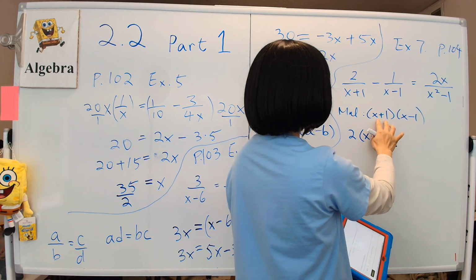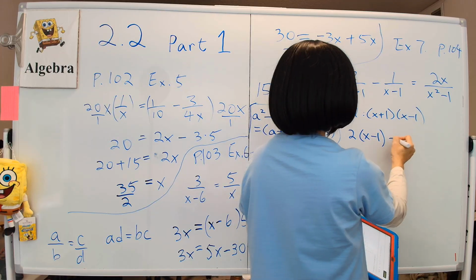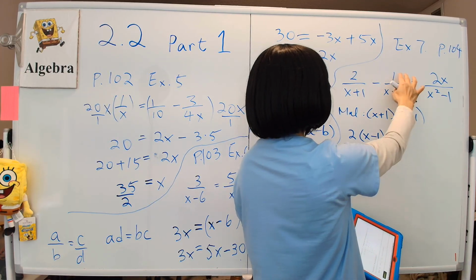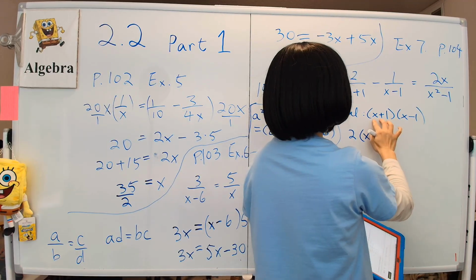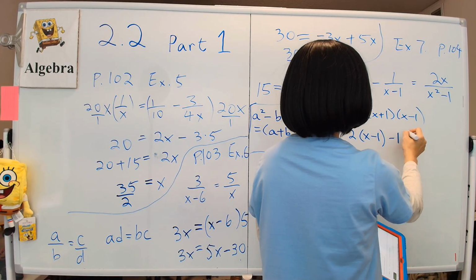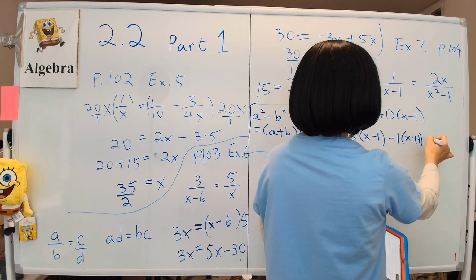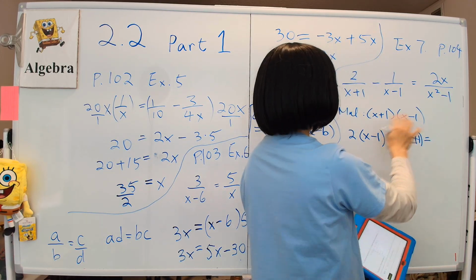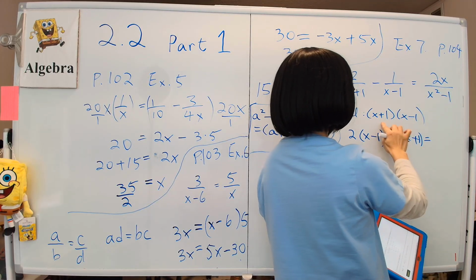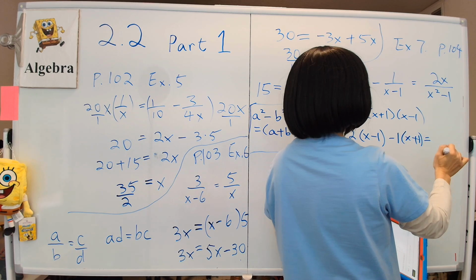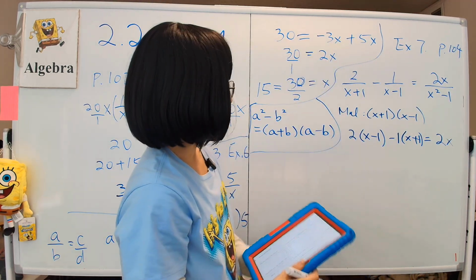When we multiply this thing up here, that cancels out the x plus 1, so we have x minus 1 left. Similarly, when we multiply this thing over here, we cancel out the x minus 1, and we have x plus 1 left. So that's 1 times x plus 1, and then eventually 1. And when we multiply this thing by that thing, this is the entire new denominator, so we have only 2x left.